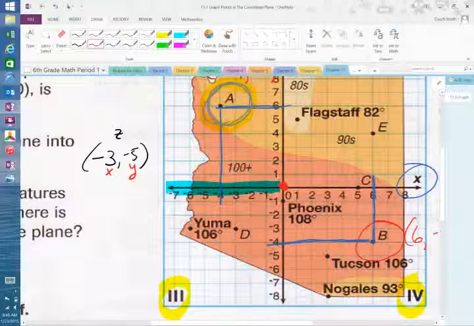Let me do that on the actual screen now that I've showed you how to do it. 1, 2, 3, 4, 5. So that would be point Z, at -3 and -5. That's where point Z would be. You always start at 0.